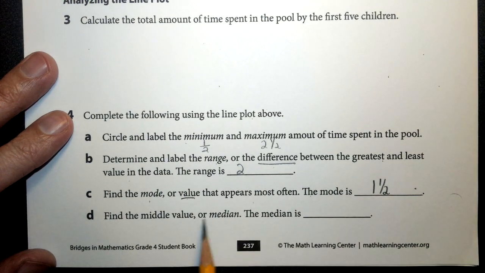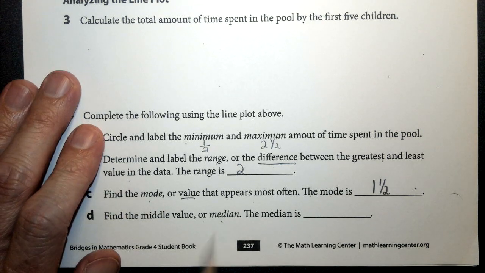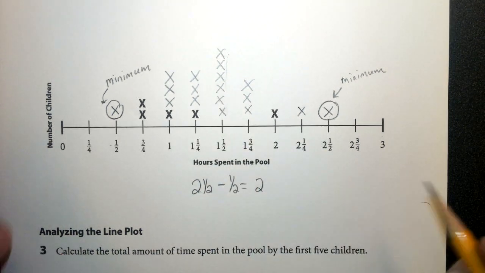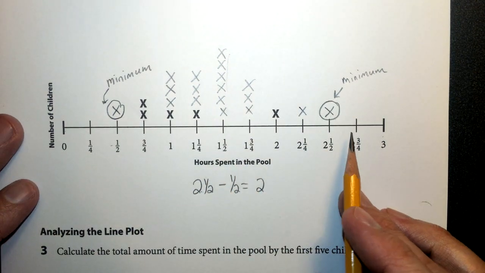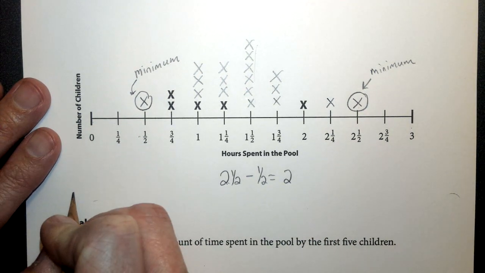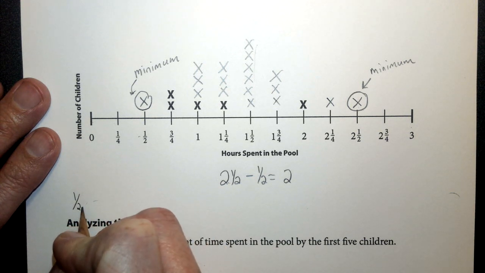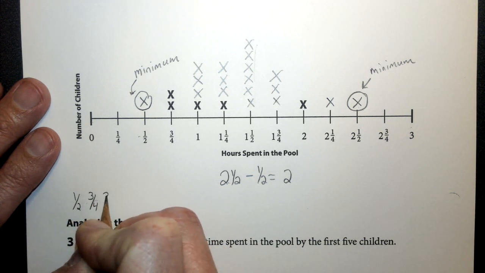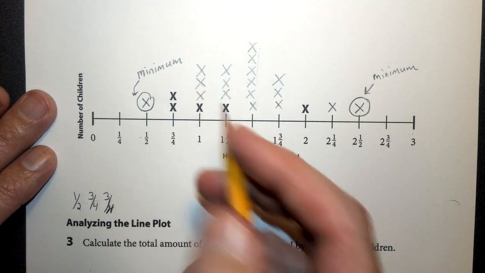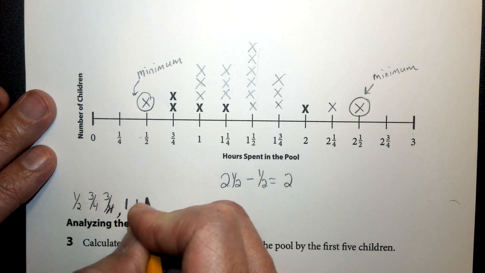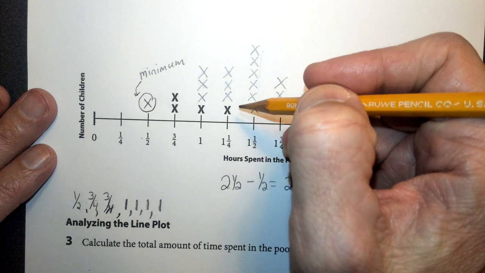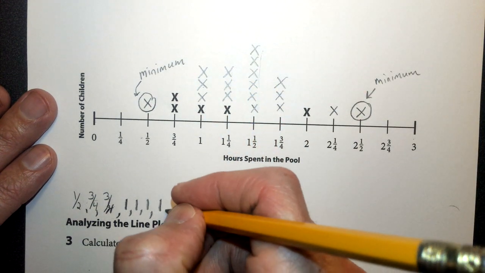The median is the middle value, the number that's in the middle. So you can't just say, oh, 1.5 because it looks like it's in the middle. What you have to do is line up all the numbers from smallest to largest. So I'm going to do that right here. I'm going to go ahead and do 1/2. We have 2 3/4. Oops, my pencil broke. We have 4 ones. Commas in between there. We have 4 1 1/4.